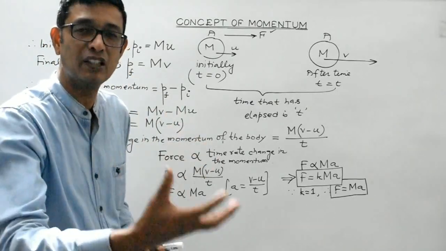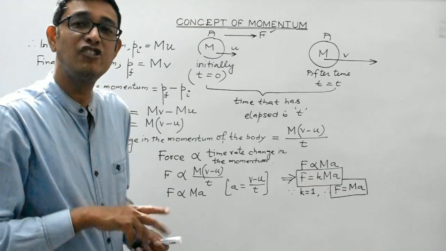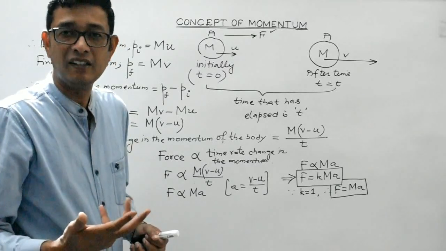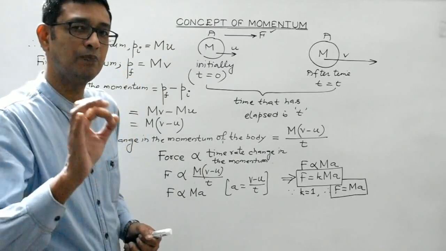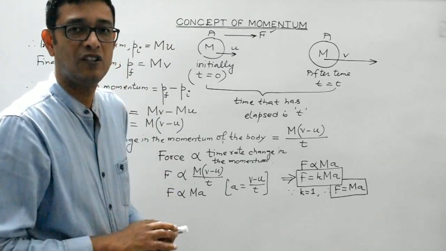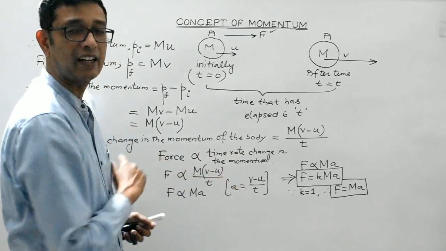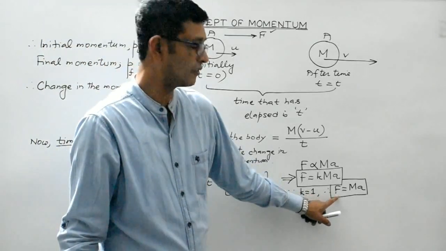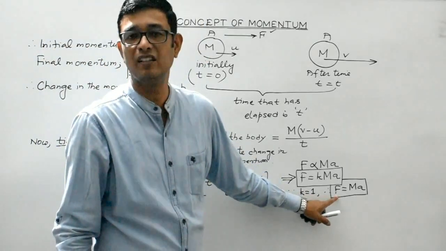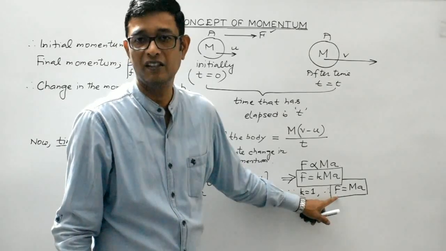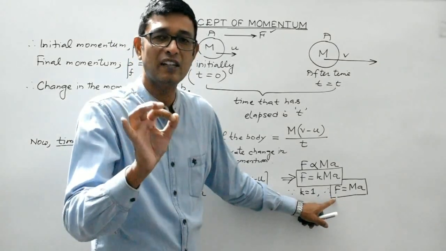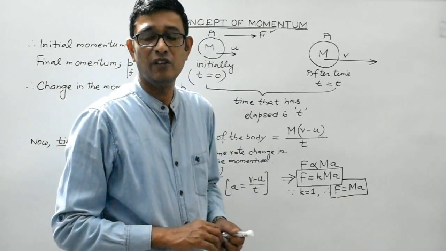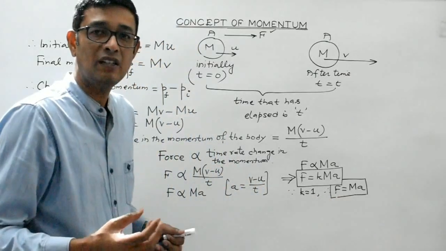The external unbalanced force applied. And the change in the momentum of the body takes place along the direction of the force applied. So that's the perfect statement of Newton's second law. And using it, we have concluded this particular mathematical statement, which is F equals to ma.